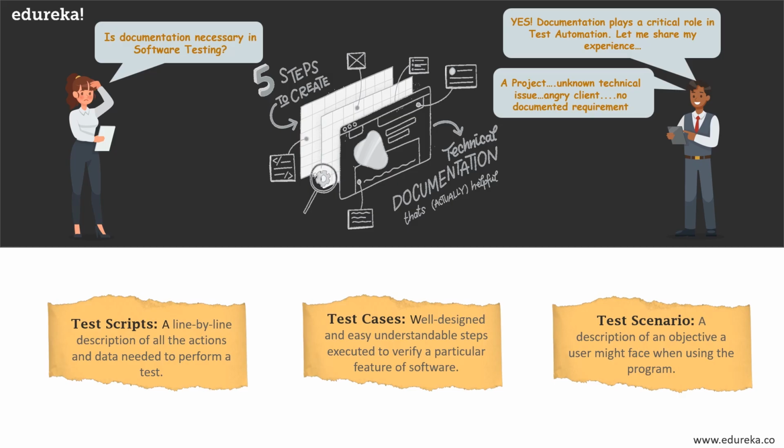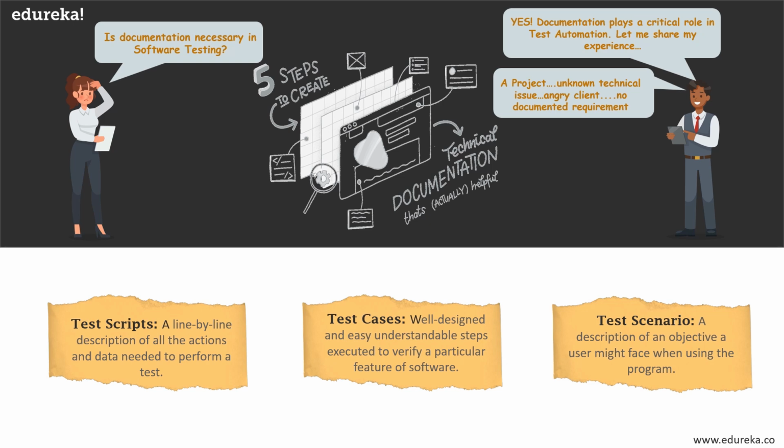The story actually begins with the most detailed way to document testing, which is the test script. It is a line-by-line description of all the actions and the data needed to perform a test. A script typically has steps that try to fully describe how to use the program, like which button to press or in which order to carry out a particular action in the program.